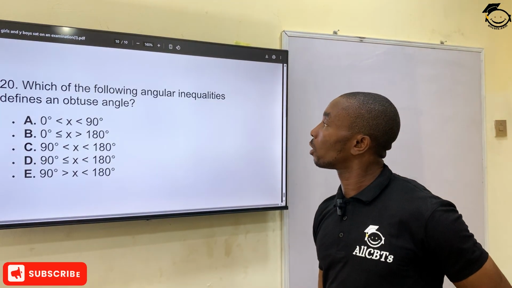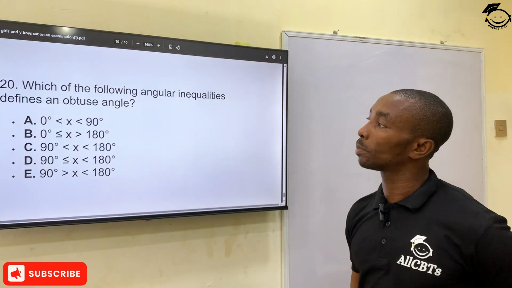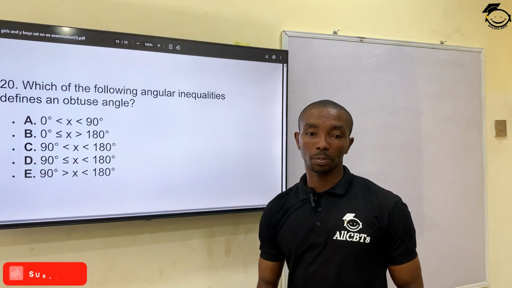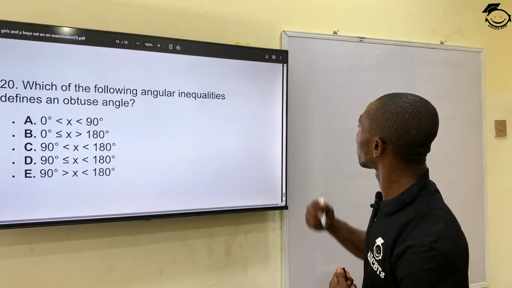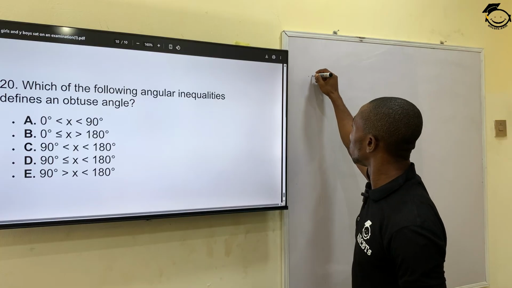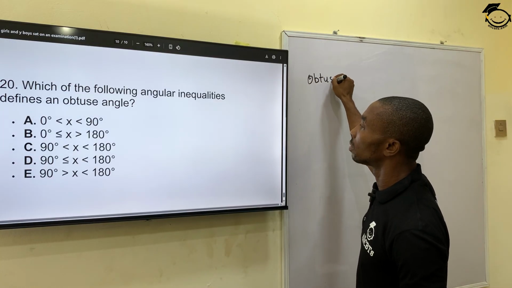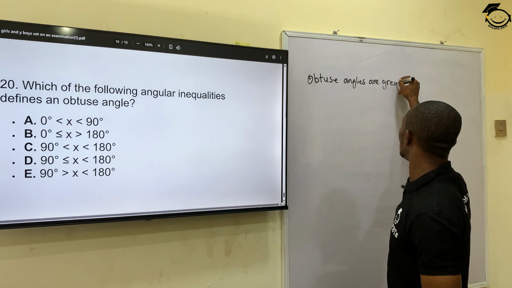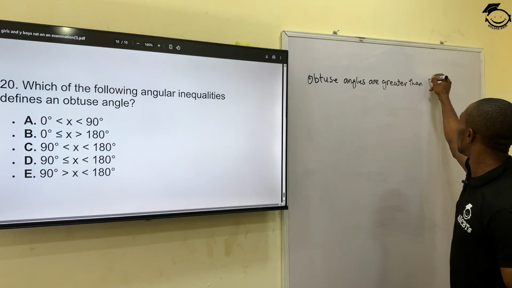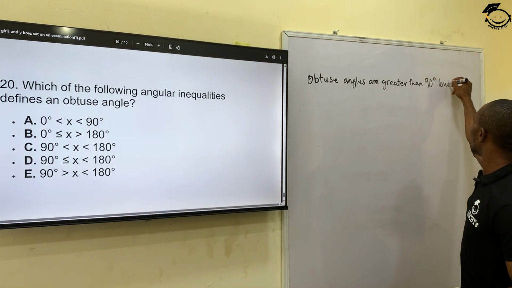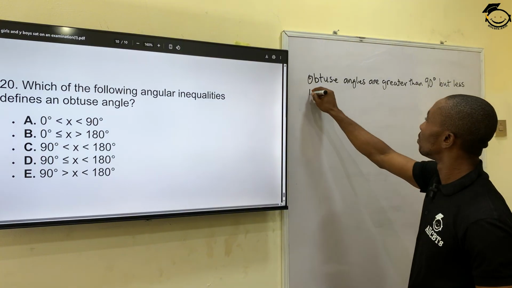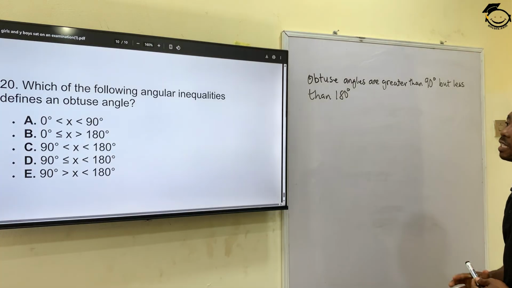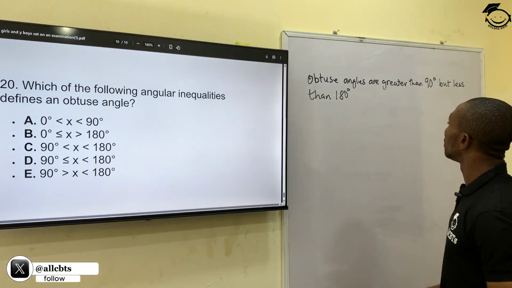Which of the following angular inequalities defines an obtuse angle? Now, an obtuse angle is an angle that is greater than 90 degrees. Obtuse angles are greater than 90 degrees, but less than 180.